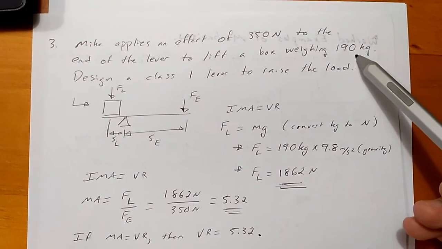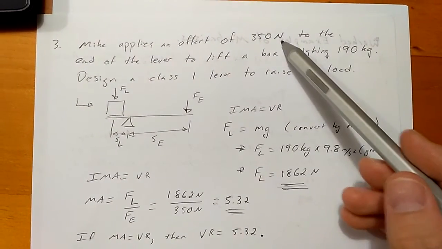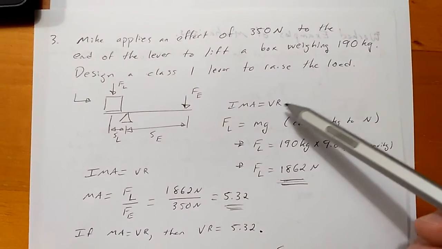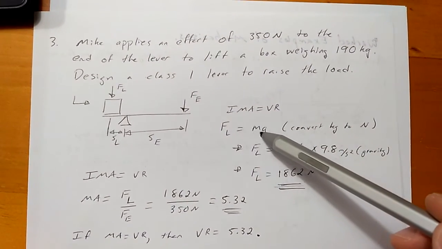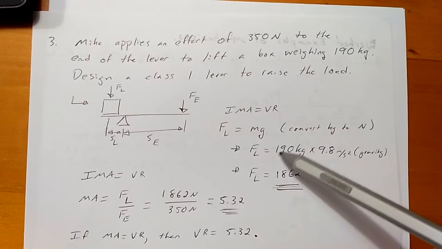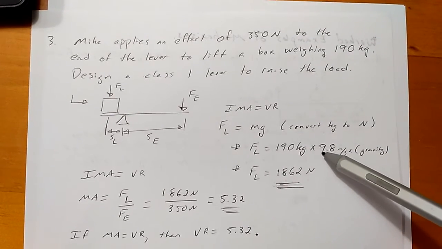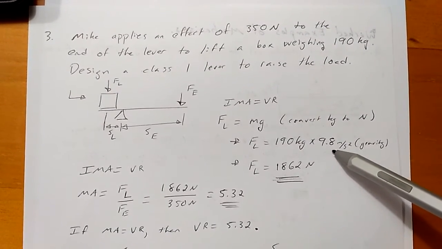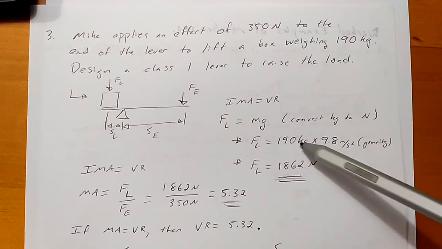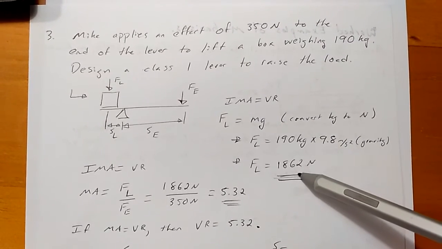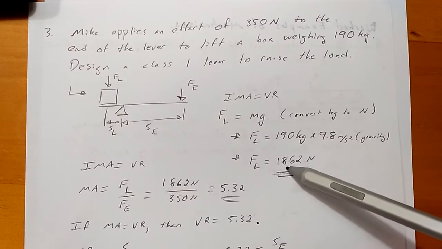Okay, we have to convert kilograms to newtons. The way that you do that is force is equal to mass times gravity. So 190 kilograms is the mass, and the gravity is 9.8 meters per second squared. When you multiply those two together, they become a Newton force, and you get 1,862 newtons.